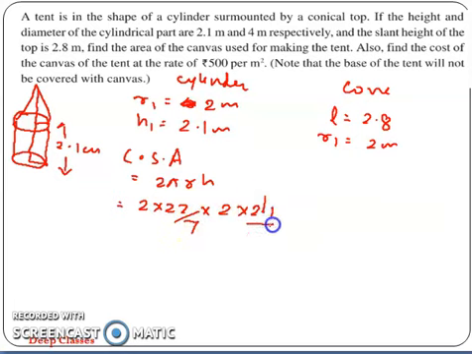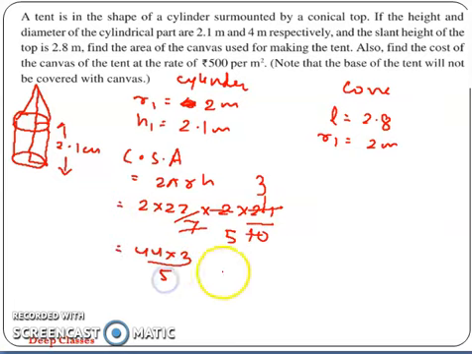I can remove this decimal and write here 10. 7 into 3 is 21. 2 into 5. So I can write here 44 into 3 upon 5.